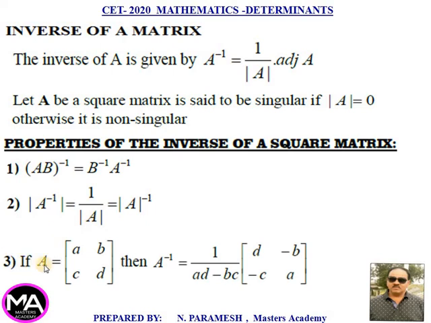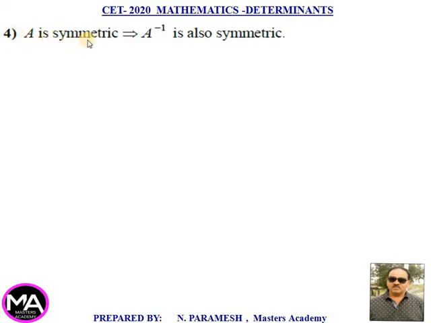Third point, if matrix A is equal to first row a b, second row c d, then A inverse is equal to 1 divided by ad minus bc into matrix, principal diagonal elements are interchanged, d, a, and secondary diagonal signs are changed, minus b, minus c. Fourth point, A is symmetric, which implies A inverse is also symmetric.